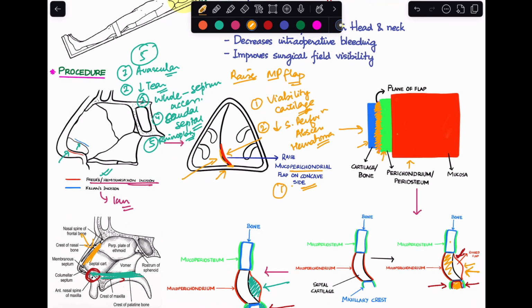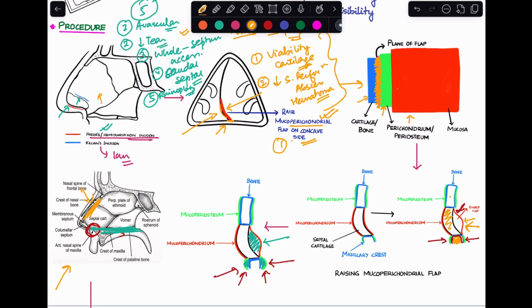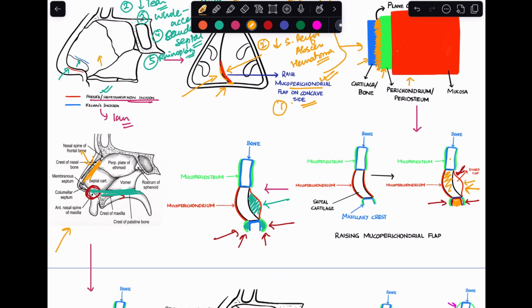We gave local infiltration, then we gave the incision, which is the Freer's incision, and we discussed the different advantages of the Freer's incision. Then we raised the mucoperichondrial flap on the concave side, and I have also told you about the different advantages of a unilateral flap elevation. After that, we elevated the mucoperiosteal flap along the floor.